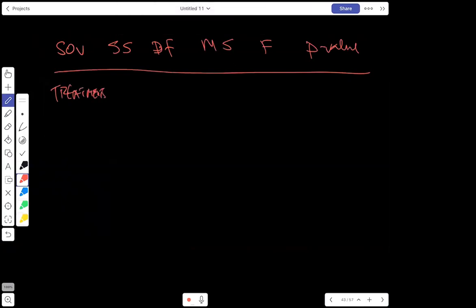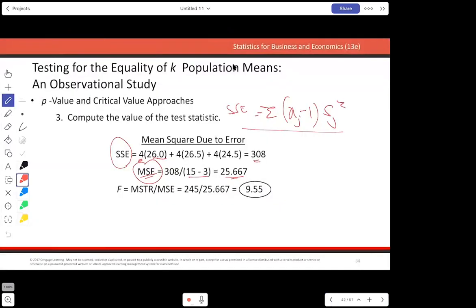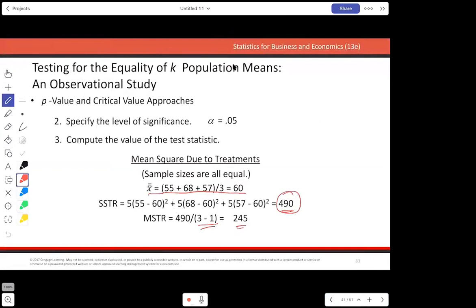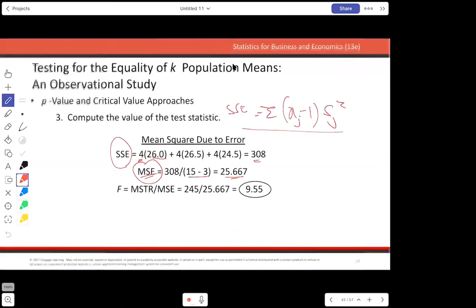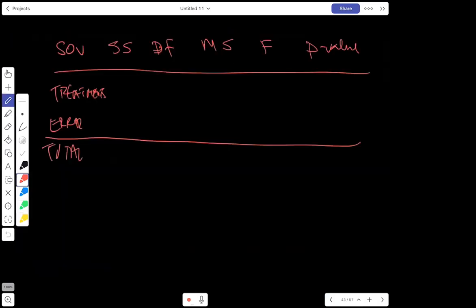All right, the treatments. Then we have the error, and then we have the total. If we go back here, it was 490 for SSTR, and then 308.